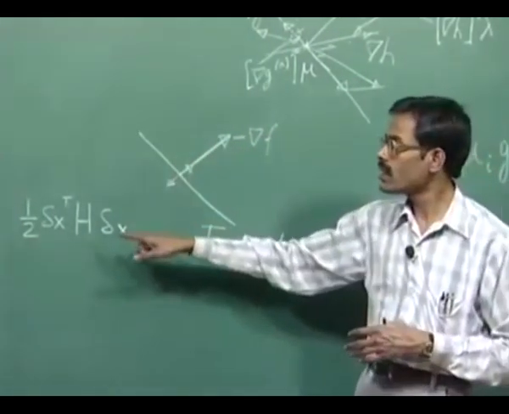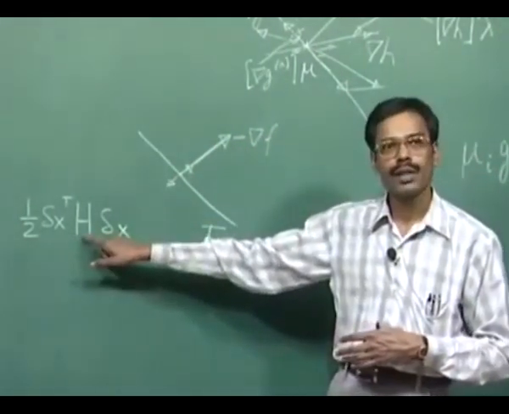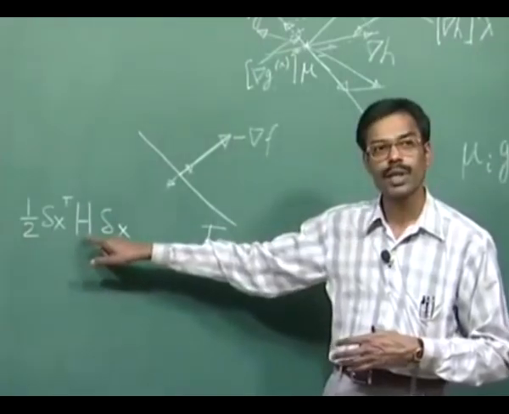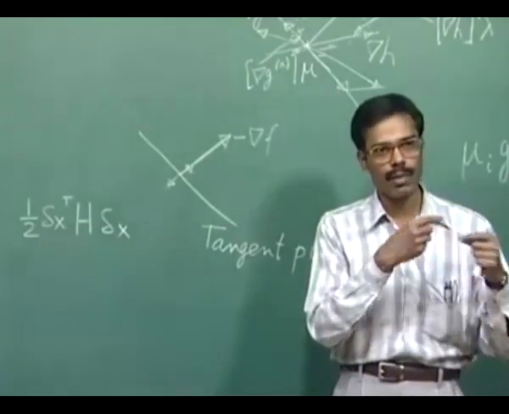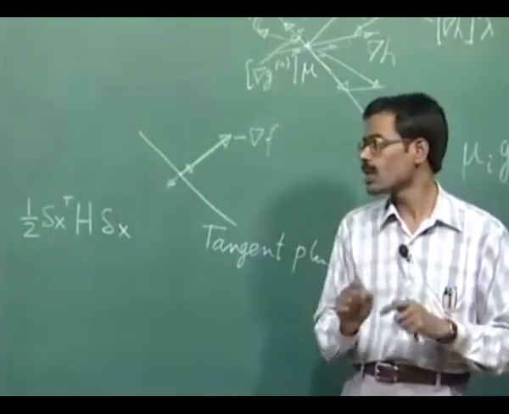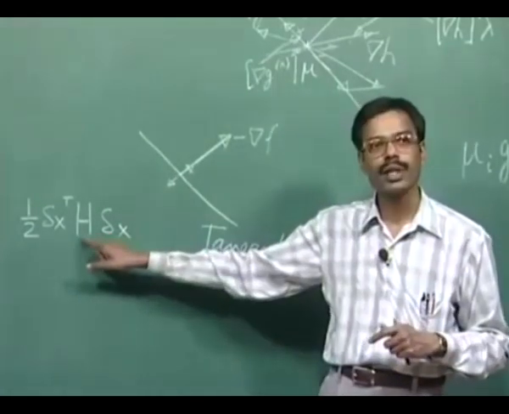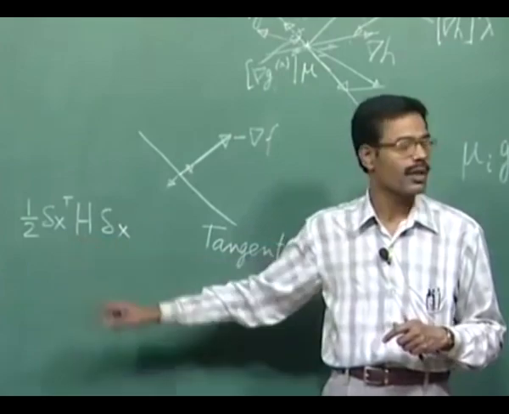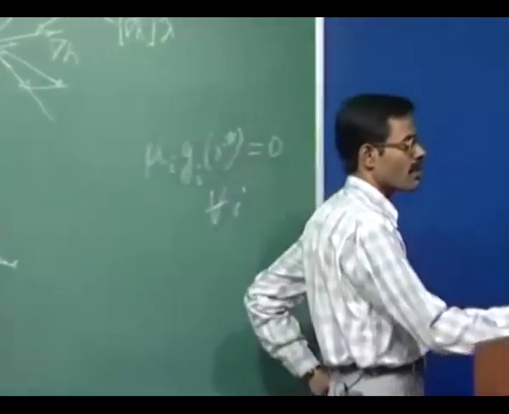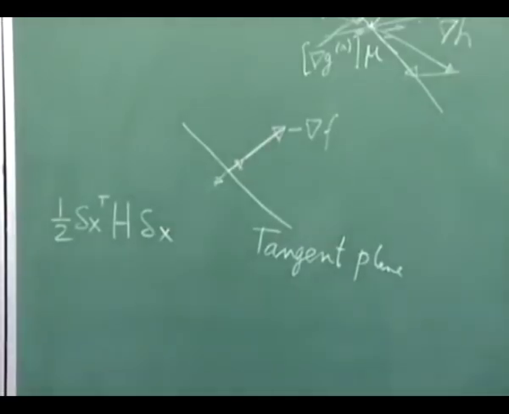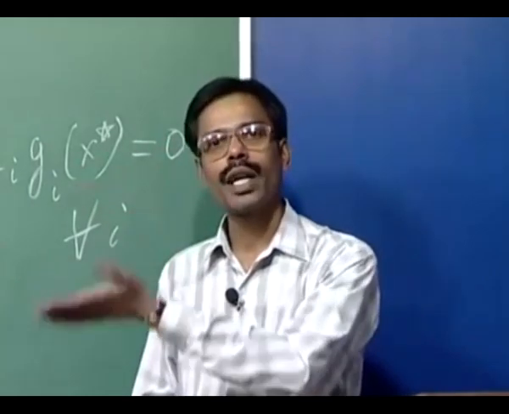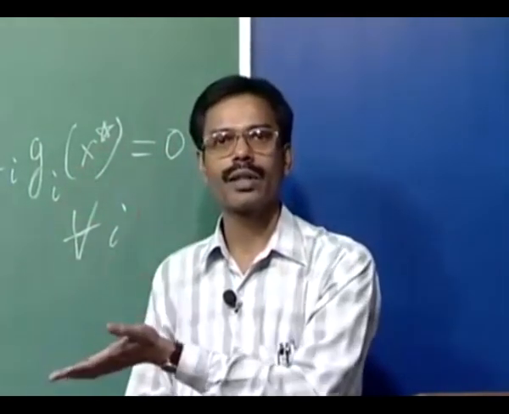Now the Hessian that would be involved is the result of a little complicated analysis which we are omitting. The Hessian that will get involved here is actually not the Hessian of the original objective function, but the Hessian of the Lagrangian. The effect of the Hessian of the Lagrangian on the tangent plane should be like a positive definite matrix.